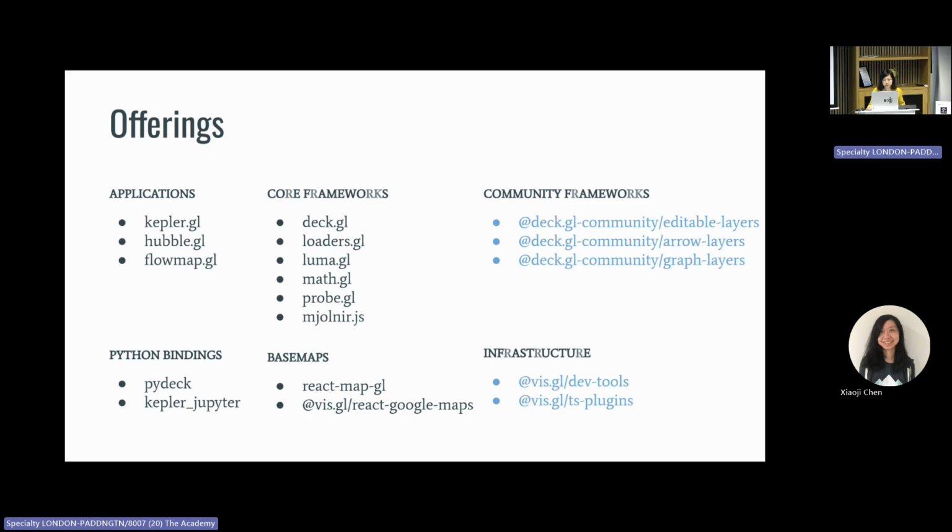Right now, we have two base map libraries: React Map.gl, which lets people use Mapbox GL or MapLibre GL with Vis.gl, and React Google Maps, a wrapper of Google Maps in React that has a very similar API structure as React Map.gl, and is specifically designed to work seamlessly with each other.